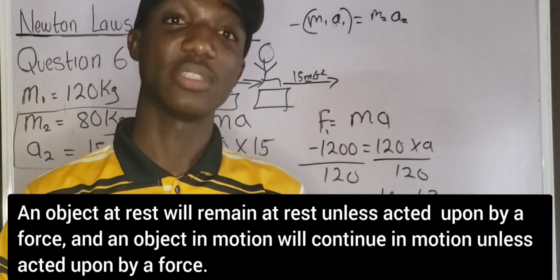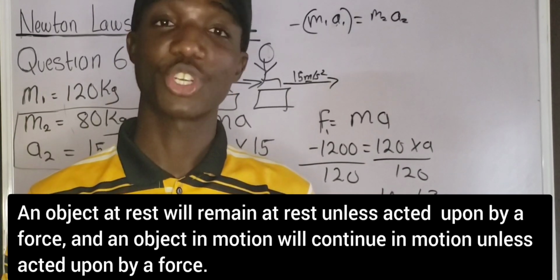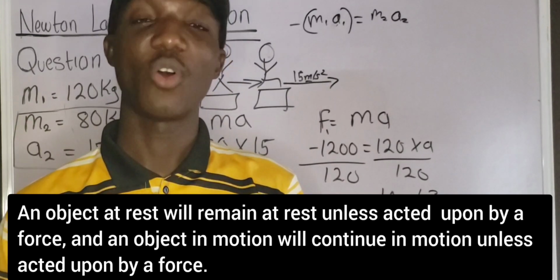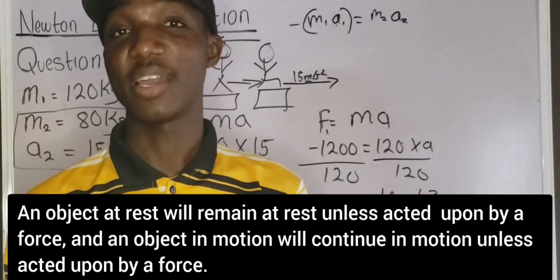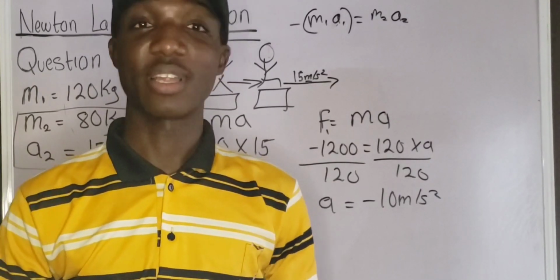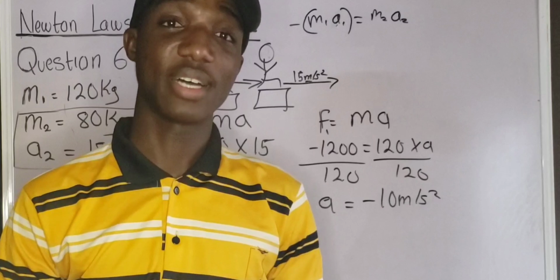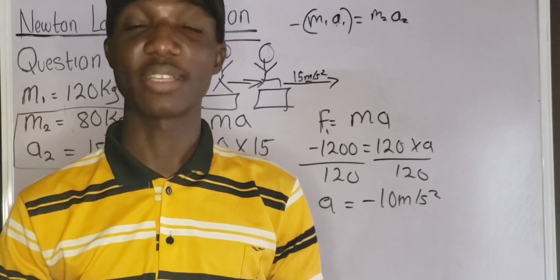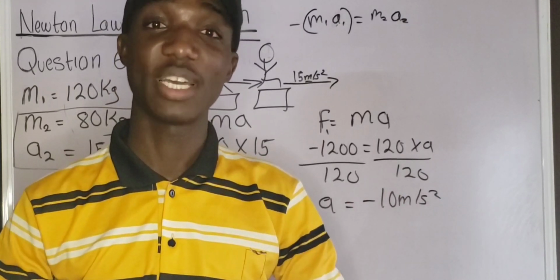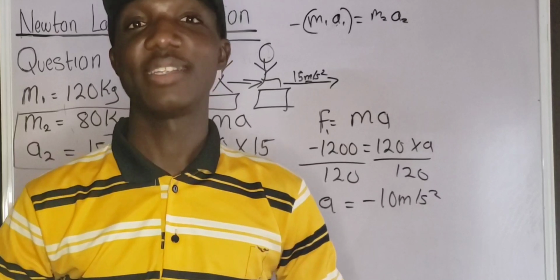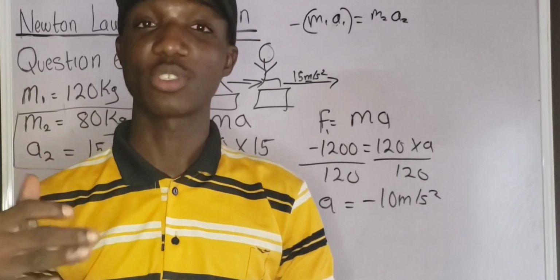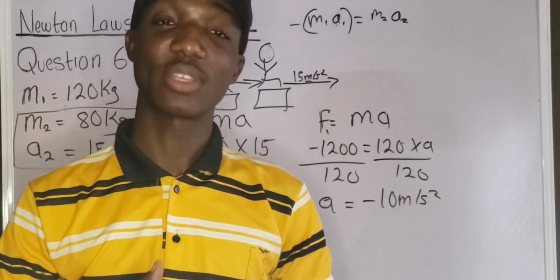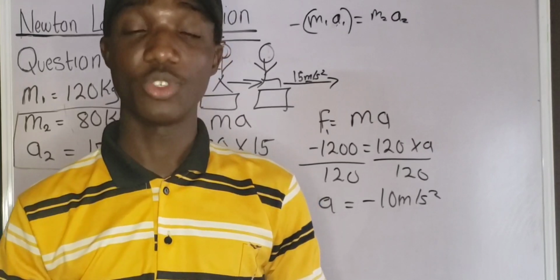The second part of that law states that an object in motion will continue in motion unless acted upon by a force. I made you understand that if an object is at rest, the net force on that object is 0. And if an object is moving at a constant velocity, the net force on that object is also 0. Do you understand?